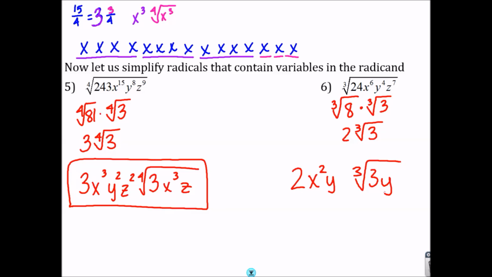Cube root of z to the 7th, 3 goes into 7 twice with 1 left over. So when we're simplifying radicals, we need to think about basic division that you learned in 3rd or 4th grade. How many times does 3 go into 6 and how many things are left over?